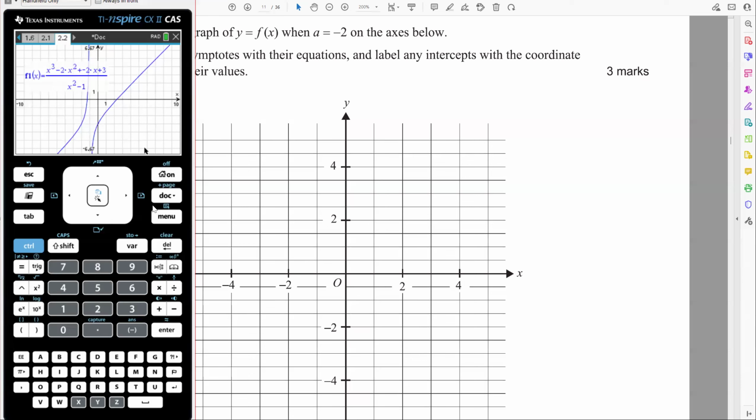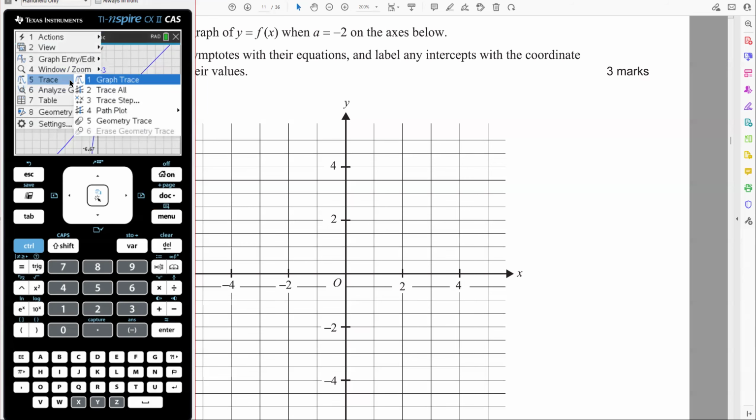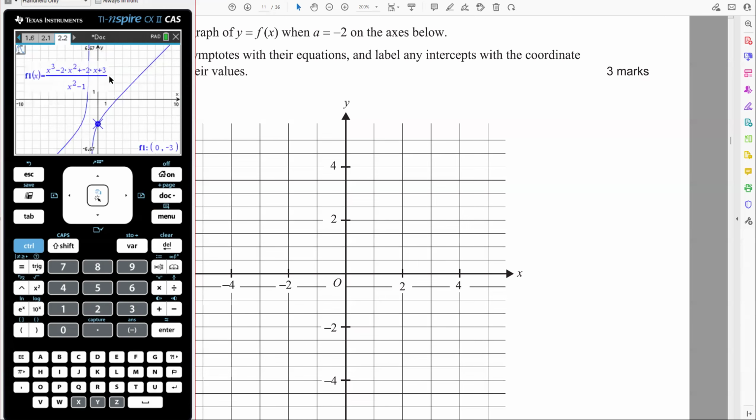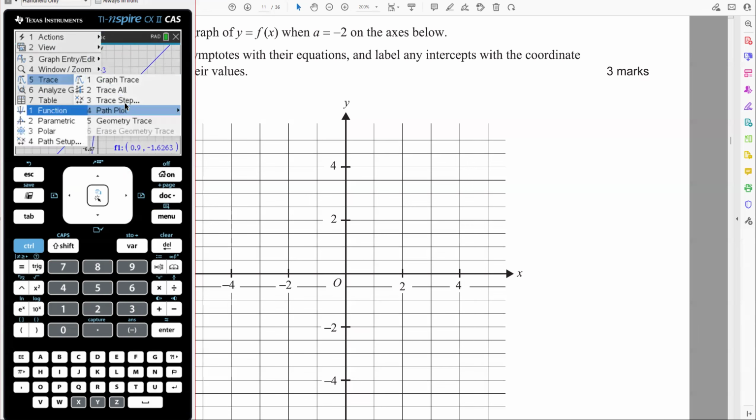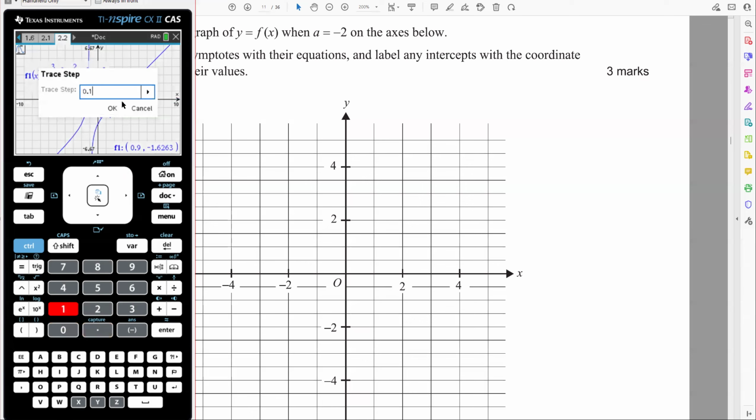But when you go to the menu, trace button, graph trace. Actually, I should go for the trace button, trace step. Use 0.1, see what happens. See, at x equals 1, it's undefined, okay? So it must be a hollow point. It's not a vertical asymptote, but it's a hollow point.